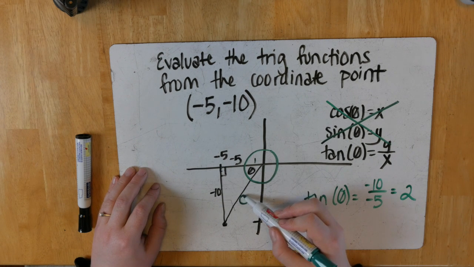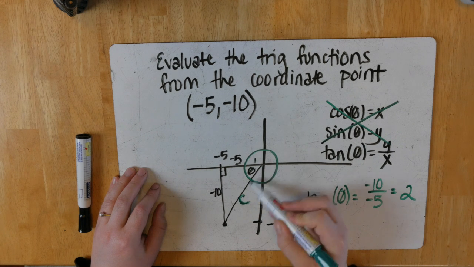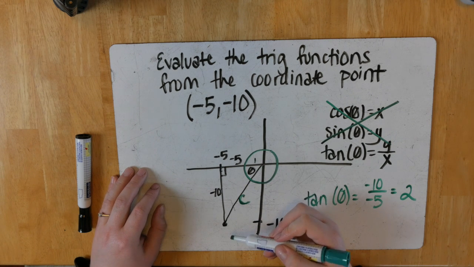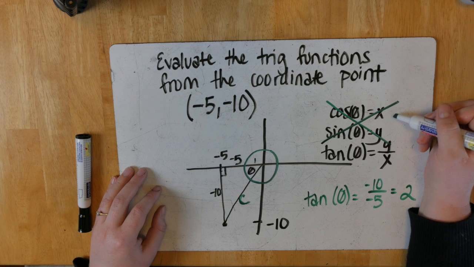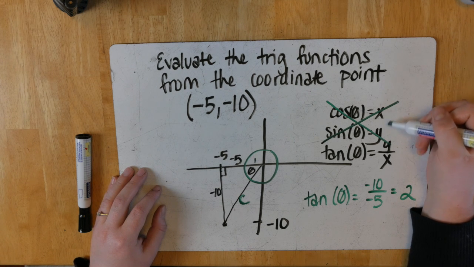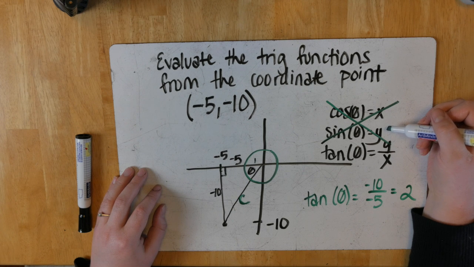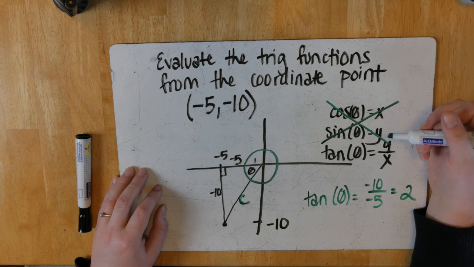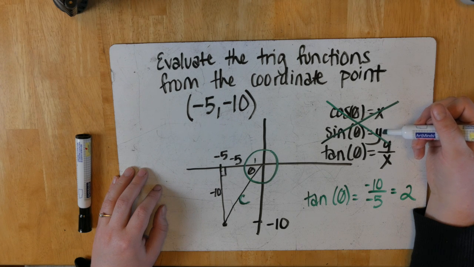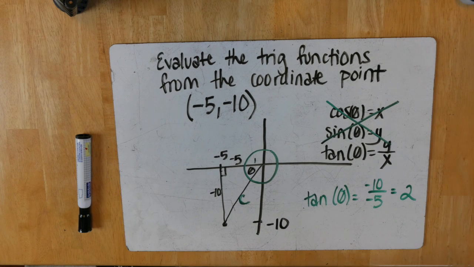We would have to use the Pythagorean theorem to solve for the c length here, our hypotenuse length. And we would have to actually do that division because, again, these patterns only work in the unit circle where you have the hypotenuse or radius of 1. And we need to ask ourselves, are we working within the unit circle, or are we outside of the unit circle where some of these patterns do not hold true?